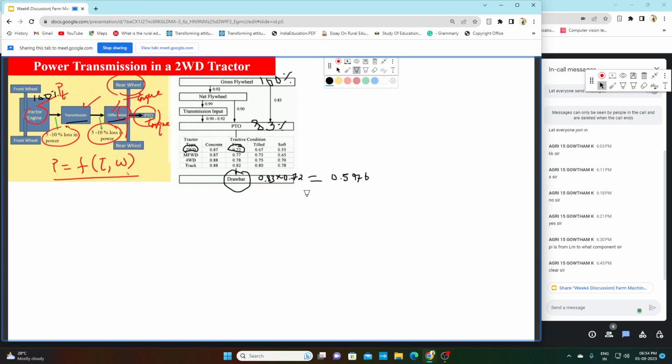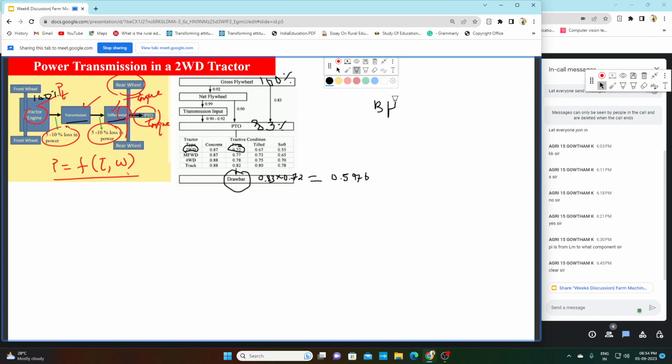So this is the logic behind all the calculation of power. In the earlier questions, whenever we discussed questions in previous weeks, we have been given BHP.